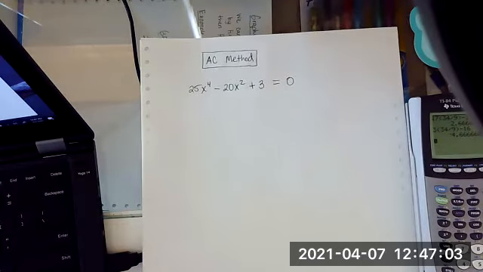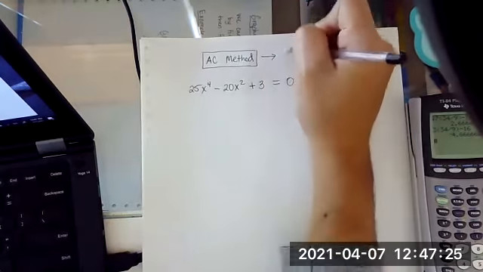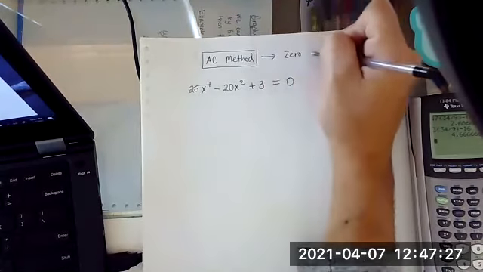Basically, the U substitution is a way to convert this to a quadratic equation and then solve the quadratic equation. But then you have to do some fancy stuff at the end so that you get all 4 solutions. And I'd rather not put you guys through that. Okay. So we're just going to jump in. We're going to do the AC method, and then that's going to lead us to the 0 factor property.